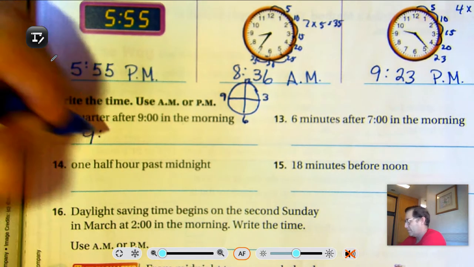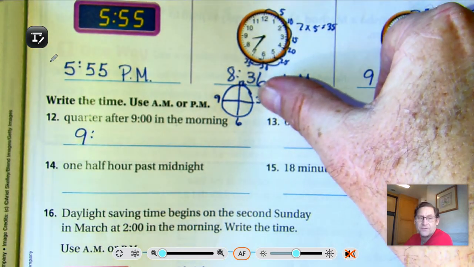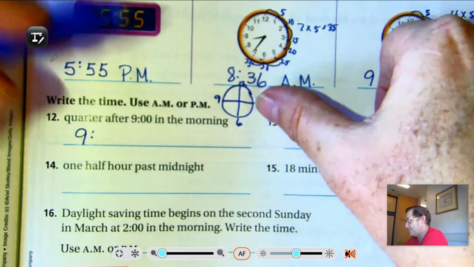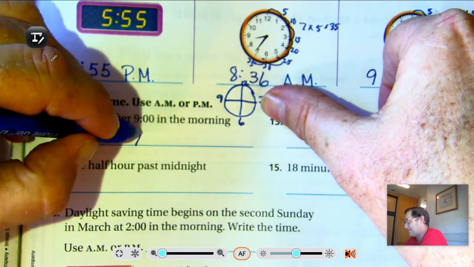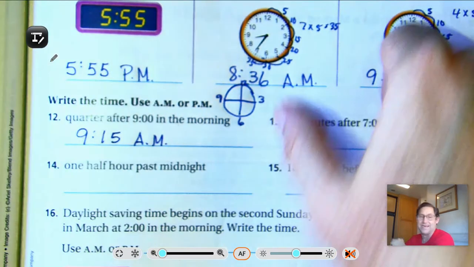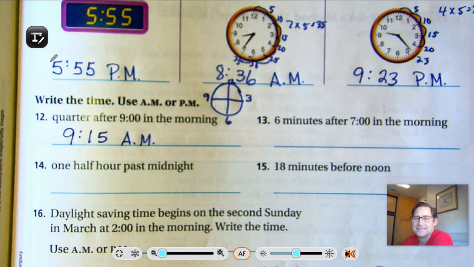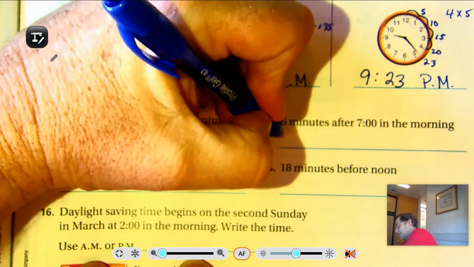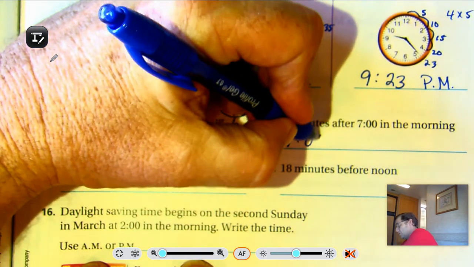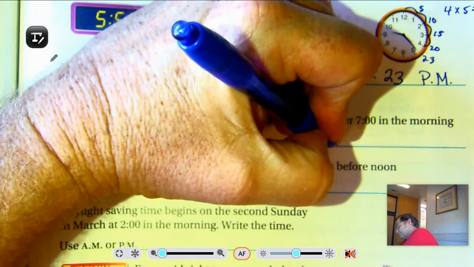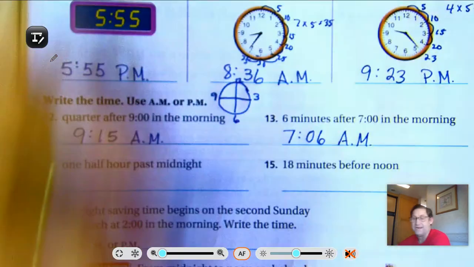So the minute hand would be pointing at the 3 if it's a quarter after 9. So how much is the 3? 5, 10, 15. So 9:15 a.m. 6 minutes after 7 in the morning. All right. 7:06 in the morning, a.m.